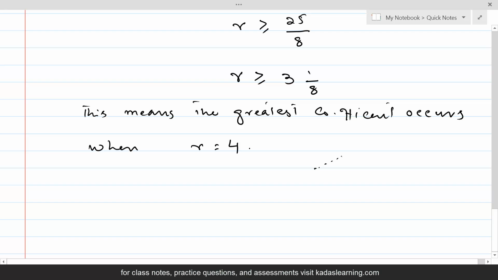They start increasing, and then when it reaches r equal to 4, then as in Pascal's triangle they start decreasing. So this occurs when r is equal to 4.